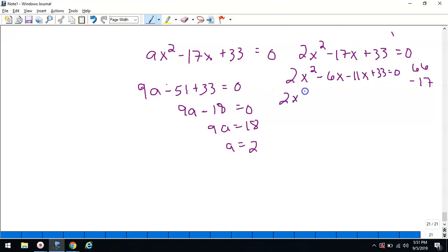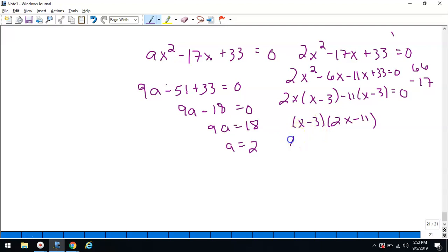Factor by grouping, I take out a 2x, and I get x minus 3, take out a negative 11, and I get x minus 3 equals 0. X minus 3 times 2x minus 11.